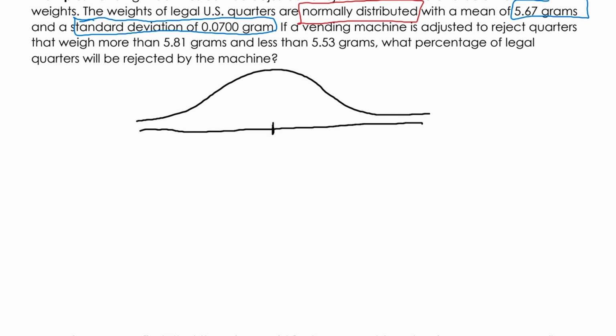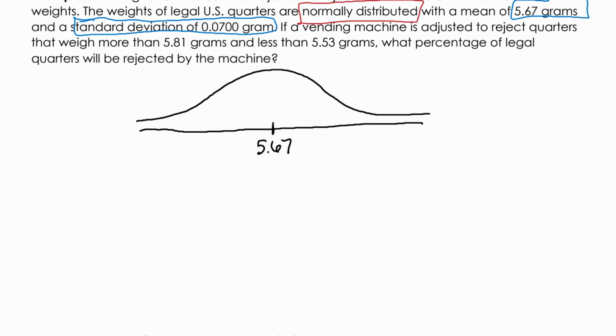The mean always goes in the center, and it says the mean is 5.67 grams. So this represents, here on the horizontal axis, the grams of the quarters. Okay, now it says the standard deviation is 0.07 grams. So that means every time I make a tick mark out to the right, I'm going to add 0.07 grams, and each of those tick marks will represent a standard deviation.